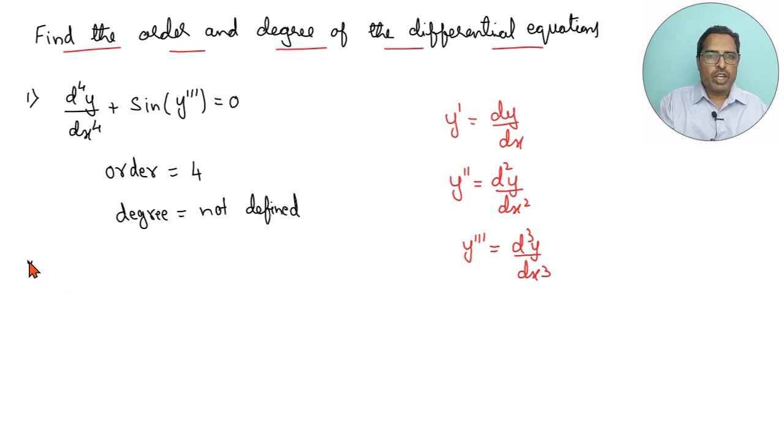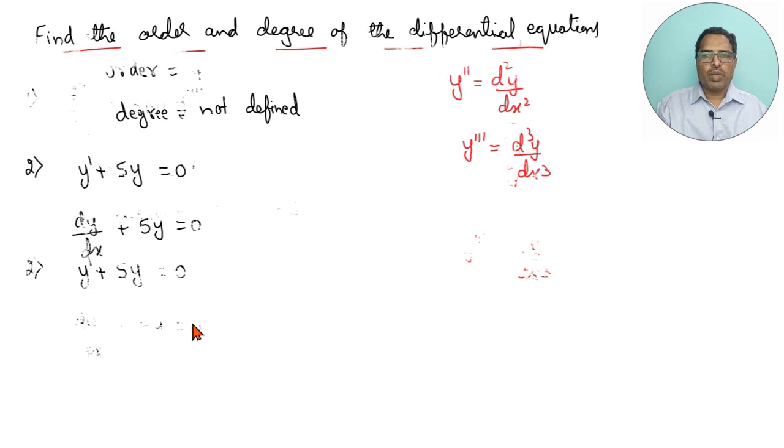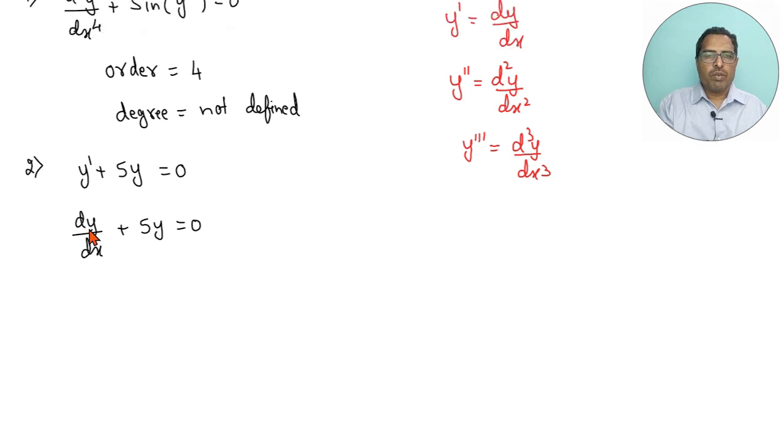Let us move on to the next question. The next question is y dash plus 5y is equal to 0. So y dash represents dy by dx, plus 5 times y is equal to 0. So here, this is a first order derivative and this itself is the highest order derivative.